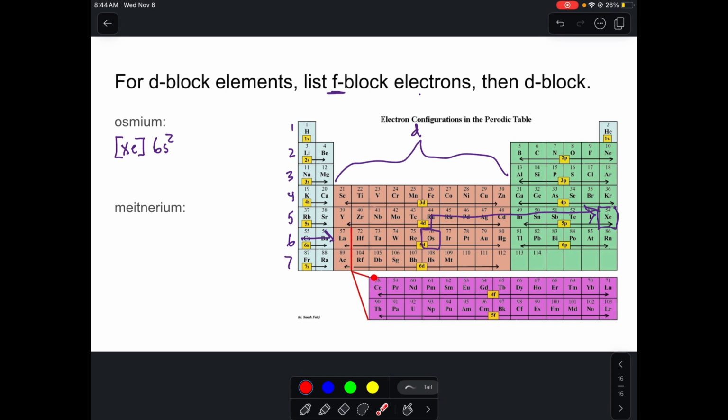That means if you just imagine that this row here is right there, we have to go through it. So it's going to take all of them, which is 14. So we're going to go 4F14. And then we're going to go 1, 2, 3, 4, 5, 6.